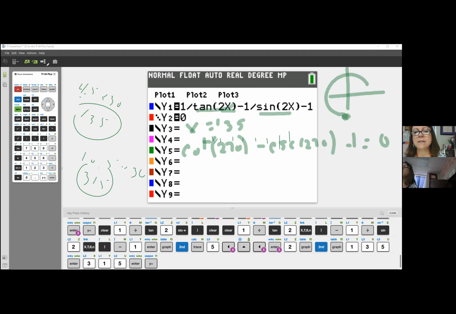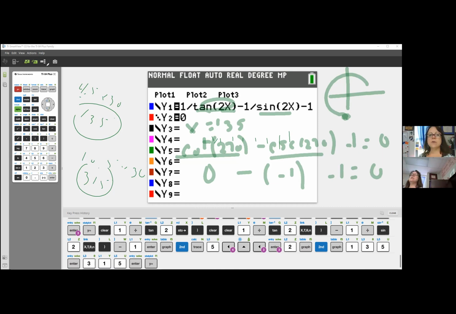See, this is undefined, but not the original cotangent at 270. The cotangent at 270 would have been x over y, which is a 0. The cosecant there would have been the reciprocal of the y, so that would have been a -1, then -1 equals 0.